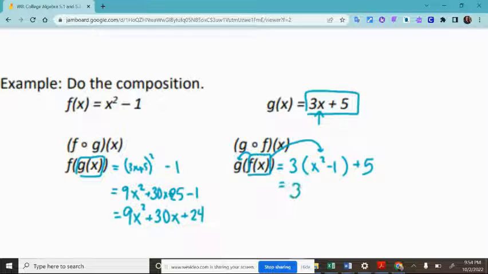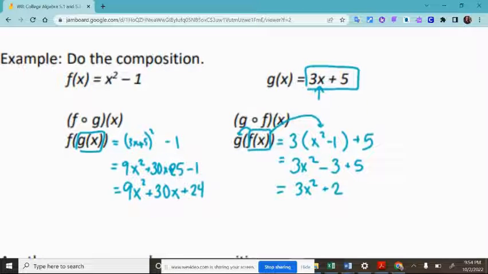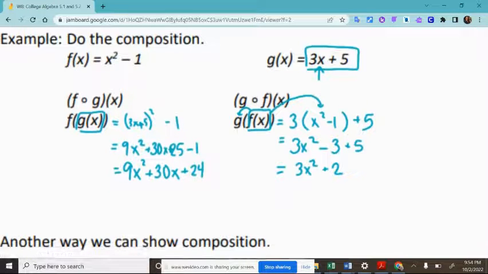So we have 3x squared minus 3 if we distribute plus 5. 3x squared plus 2. Again, same two functions composed in a different order gives you totally different answers, right? Totally different answer than this guy.